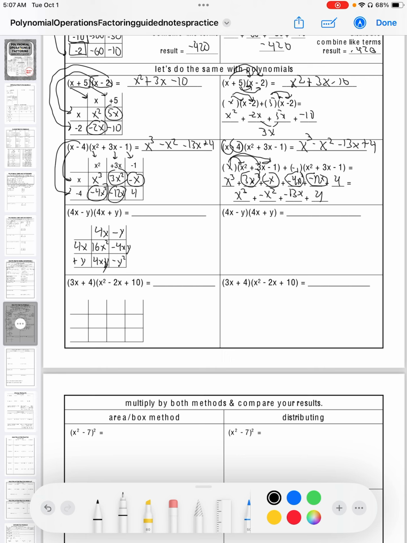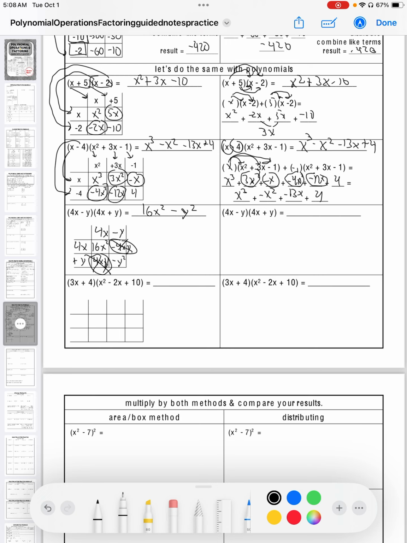Combine our like terms, negative 4xy and positive 4xy would actually cancel out. And so that would leave me with just 16x squared minus y squared. 16x squared minus y squared.